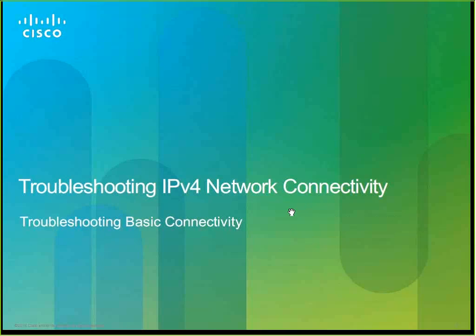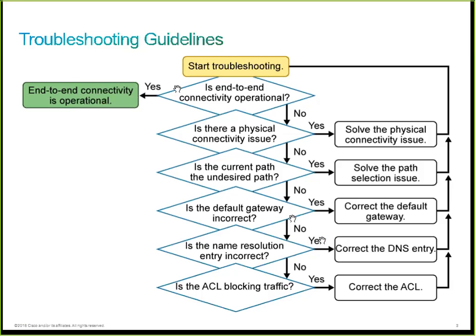So the first thing that we're going to look out for is troubleshooting IPv4 or IP version 4 network connectivity. So when it comes to IPv4 network connectivity, these are the steps that you will typically follow. Now again, let me repeat, this is not the standard step or this is not the only step. It will all come by experience.